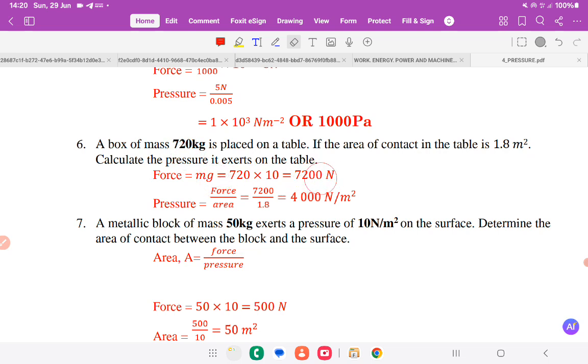It will give you a weight, or a force, of 7,200 newtons. So using pressure equals force divided by area, you have 7,200 divided by 1.8, from which you should be able to get 4,000 newtons per square meter.